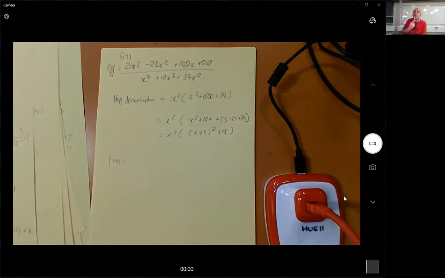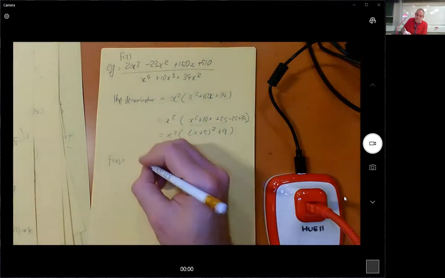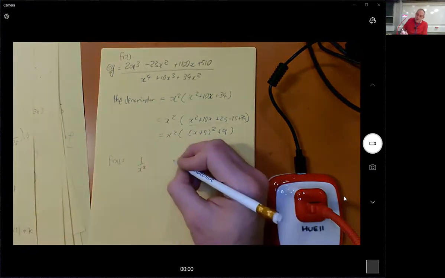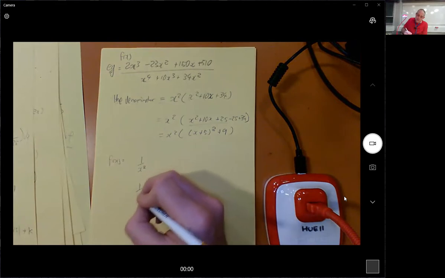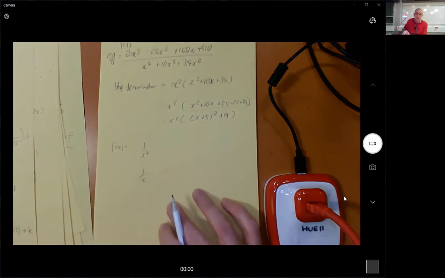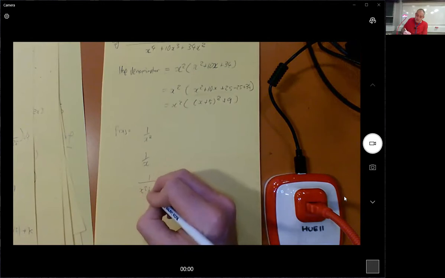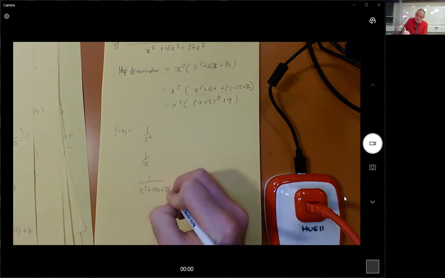So I'm going to need to make it also out of 4 pieces. So one of my pieces is a 1 over x squared. And the next piece would be a 1 over x. And then I guess I'm going to do a 1 over x squared plus 10x plus 34.